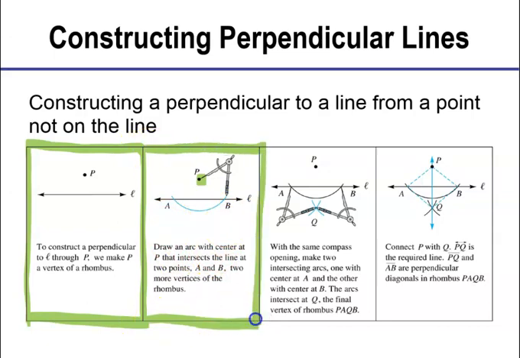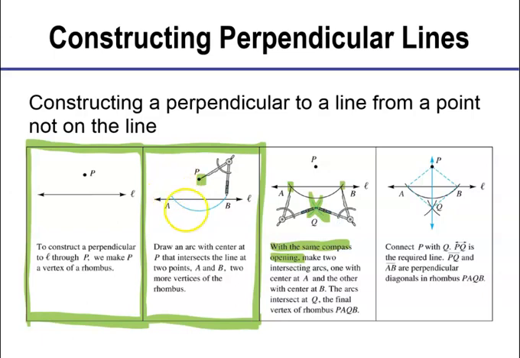Now leave your compass with the same opening. Just leave it open, and then put your pointer on A and strike an arc, and then put your pointer on B and strike an arc. You see that?